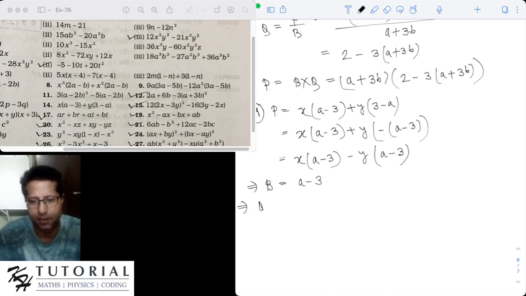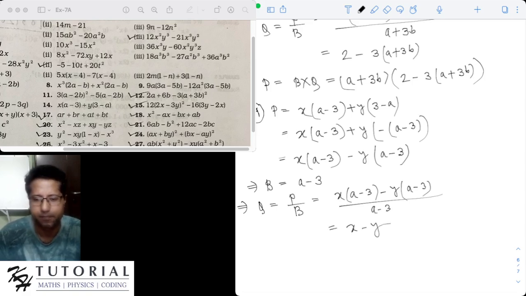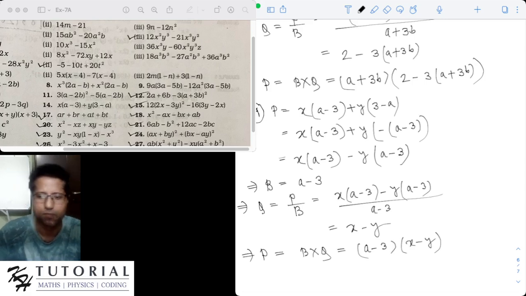So this will imply Q will be equal to P by B, which is equal to x into a minus 3 minus y into a minus 3 divided by a minus 3, which is equal to x minus y. Hence, the factorization of the polynomial P becomes P into Q, which is equal to a minus 3 multiplied by x minus y.